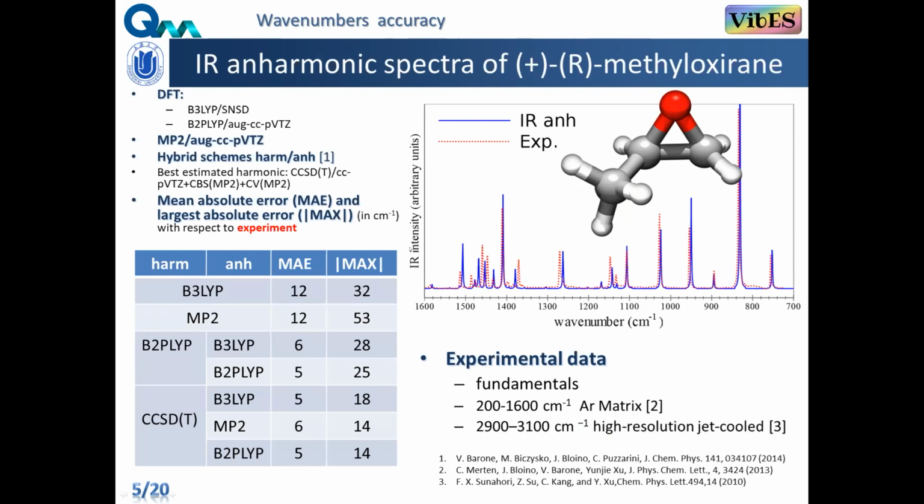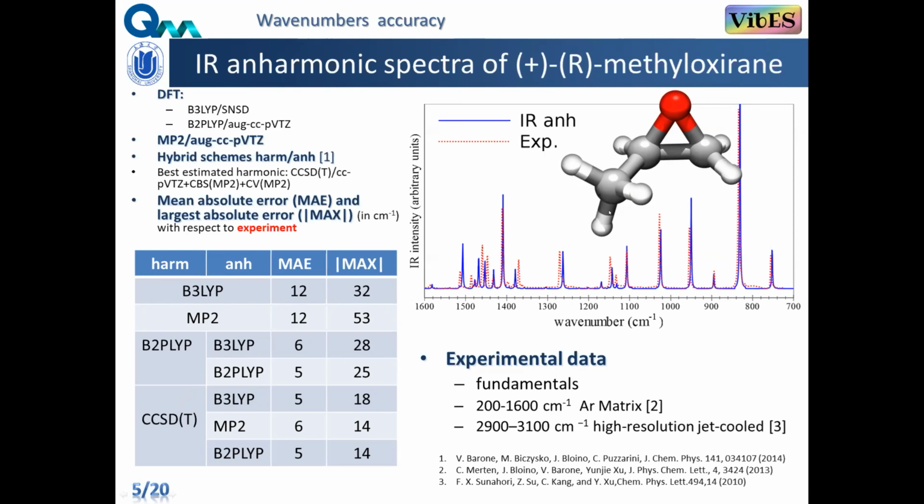So, switching to showing you some examples. If we think about the accuracy of energies and of wavenumbers in the ground state, we can combine harmonic and anharmonic computations at different levels.